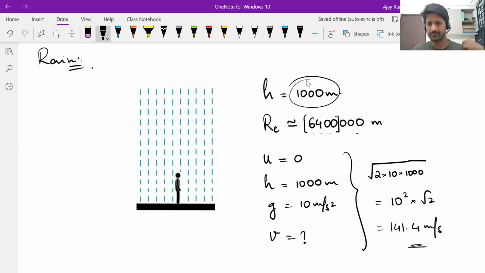Approximately. So 10 meters per second is too little. One of you had guessed 10 meters per second. That is far less. But now tell me, is this calculation valid in real life?